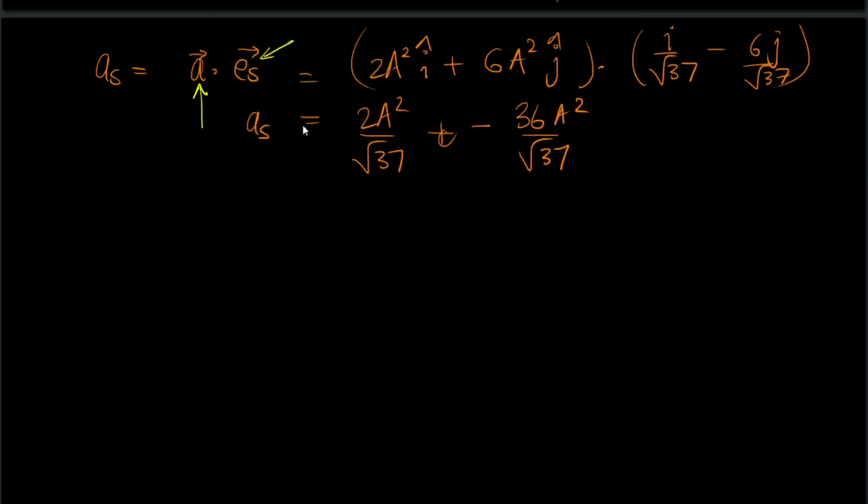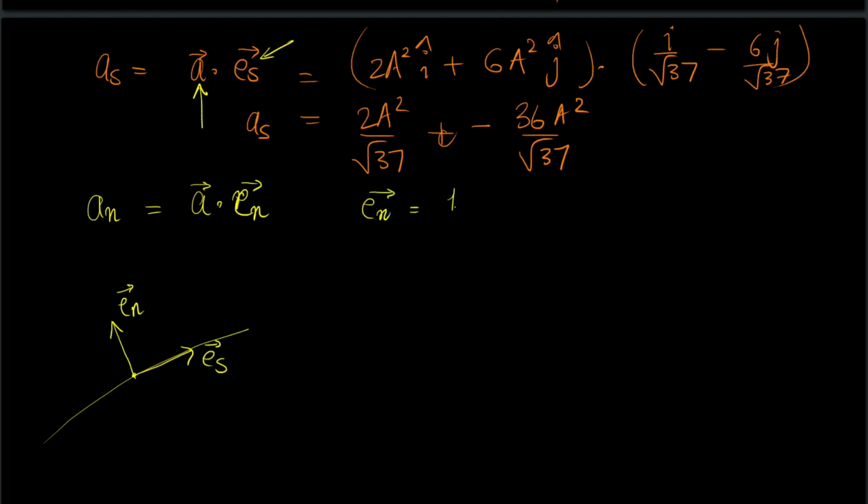Now that we found the acceleration component along a streamline, we must now find out the component normal to the streamline, that is a dot en vector. Now for a streamline, this is the es vector and this is the en vector, and the easiest way to find out the unit vector orthogonal to es is to do the following.